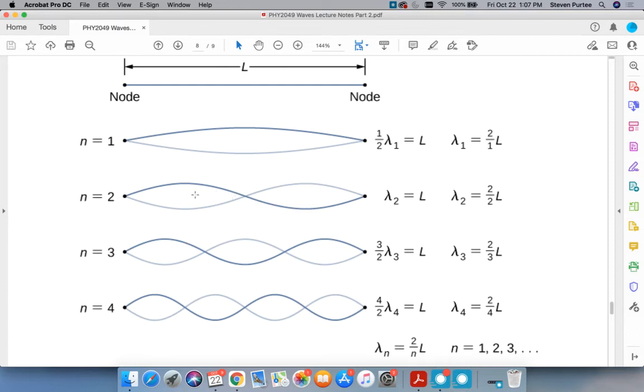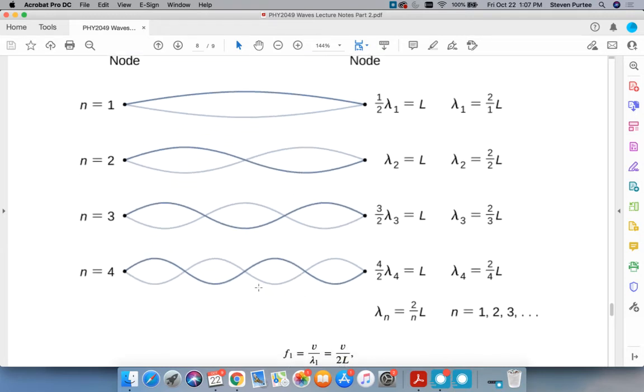If you were to go twice as fast again, instead of having 2 crests, we would have 4 crests. And we would have nodes here, here, here, here. So this pitch here, n equals 4, would be twice as high as this pitch, which is twice as high as here.